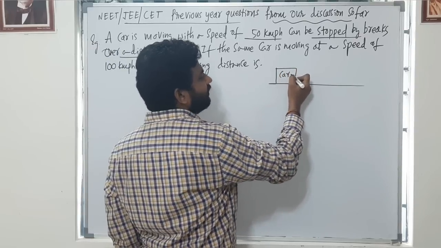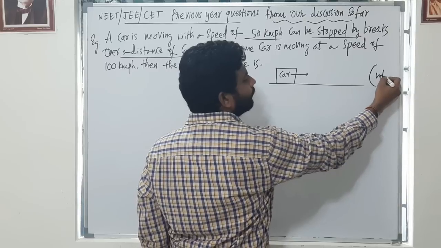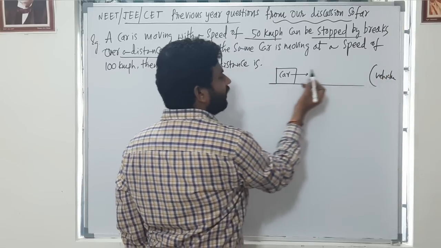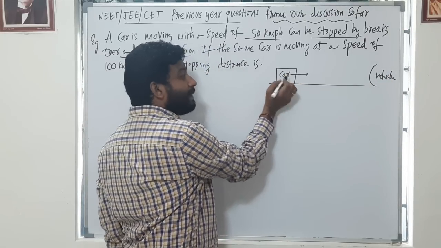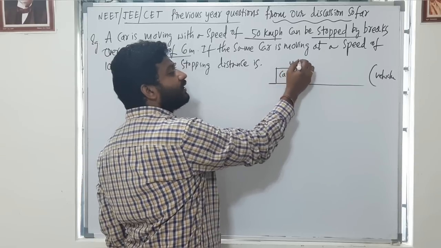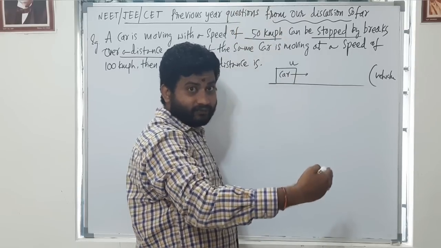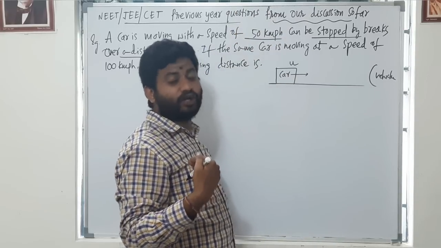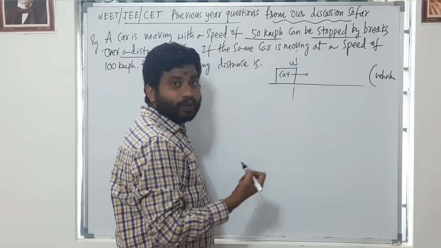A car is moving with a constant speed. Suddenly it sees a vehicle here. Definitely the person in the car will apply the brake. Imagine he is moving with some initial velocity u. At the time he sees another vehicle coming from the other side in the opposite direction, he applies the brakes. Then what happens?